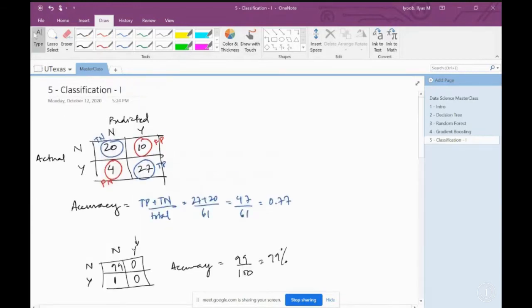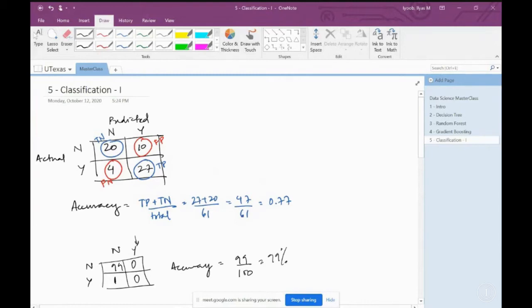So now let's go back up here and see what else we can say. If accuracy is not the best metric, then what is the best metric? If we were to look at, among the people that actually had the disease, how many did we catch?